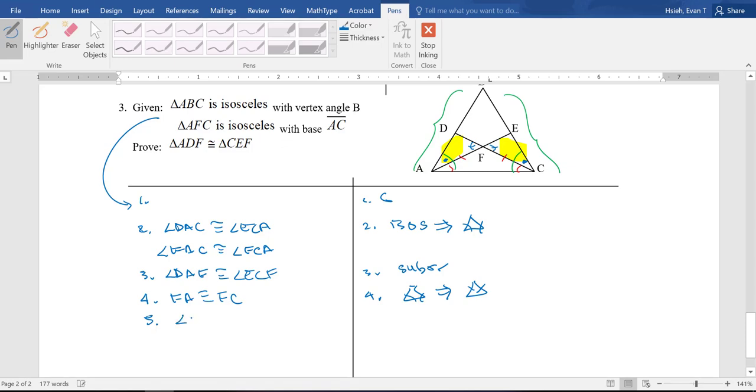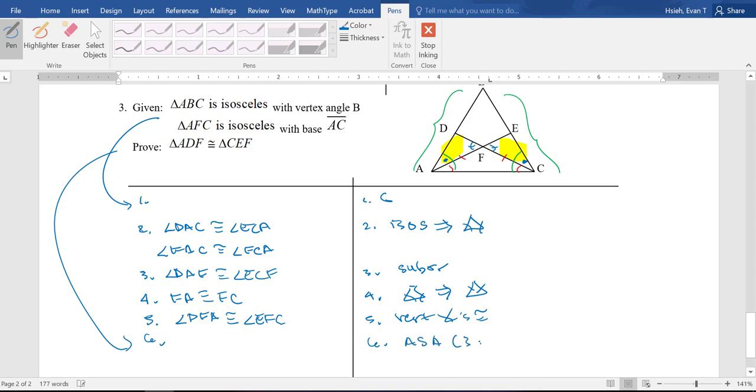So angle DFA is congruent to angle EFC because vertical angles are congruent. And then step 6, I can say the proof statement, and the reason is going to be by angle, side, angle, steps 3, 4, and 5.